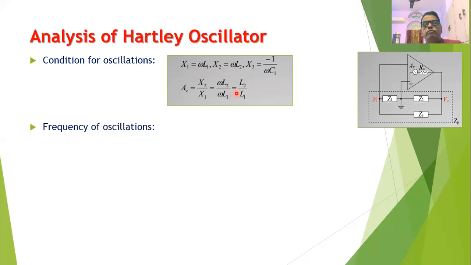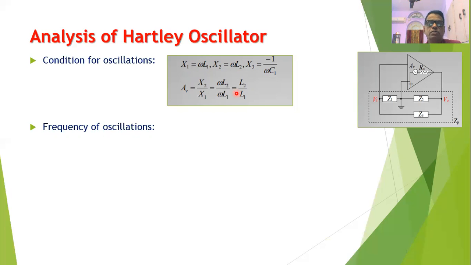So the condition for oscillation is A_V equal to L2 divided by L1. That is, the gain of the amplifier must be equal to the ratio of the inductors L2 to L1. If this condition is satisfied, then only sustained oscillations are produced in the Hartley oscillator.